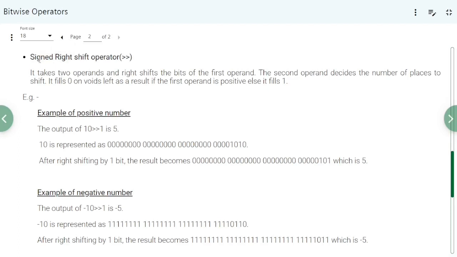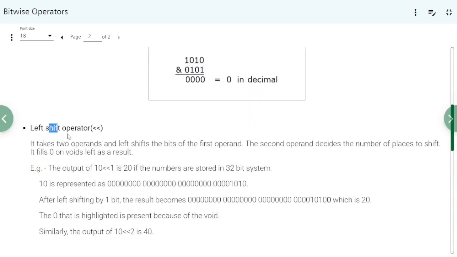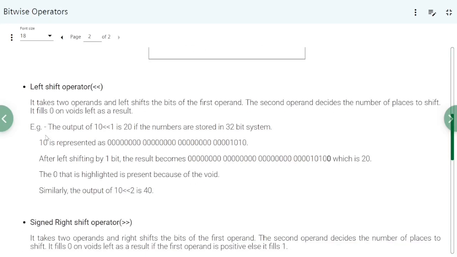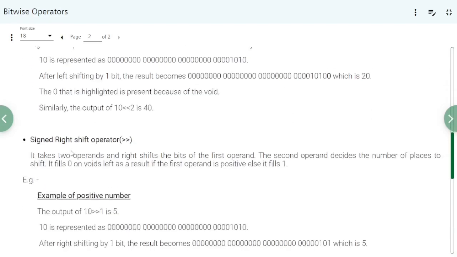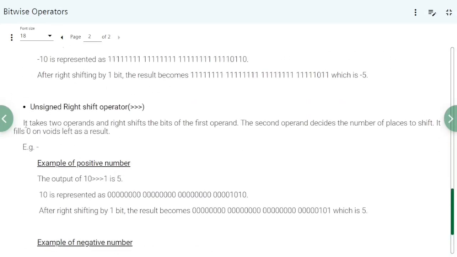Basically, we mean whether the number is positive or negative. When we talked about the left shift operator, we did not say signed or unsigned, because there is no such thing there in Java. But when we are talking about the right shift operator, we have to consider whether it is signed or unsigned.